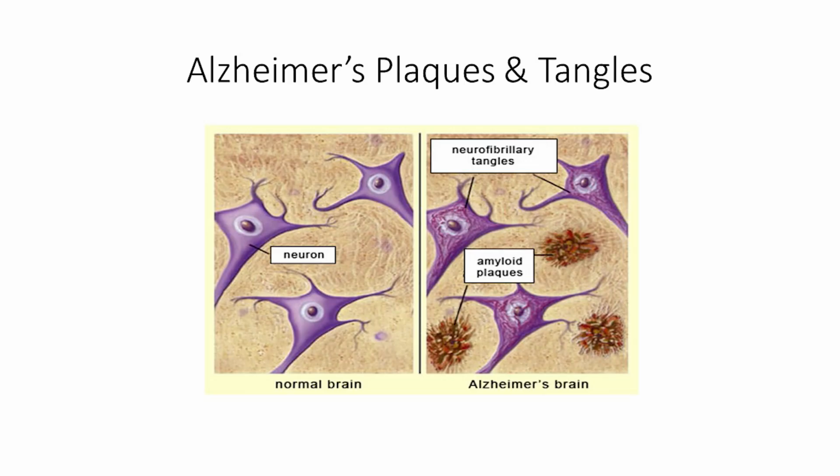Now, I know my props aren't sufficient for depicting the real thing, but I hope they make it a little easier for you to understand what's happening in the development of Alzheimer's. Here are some photos that are more sophisticated than my props. Here you see neurons of a normal brain on the left and neurons of an Alzheimer's brain on the right.